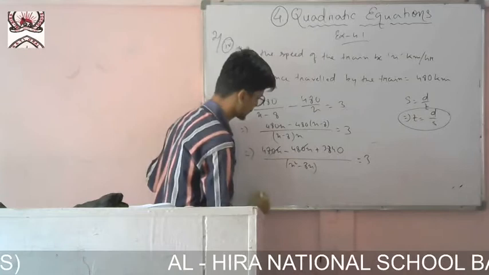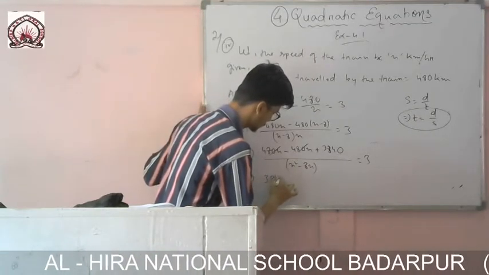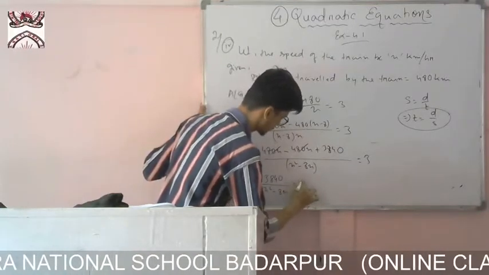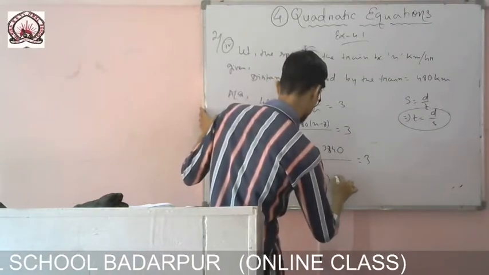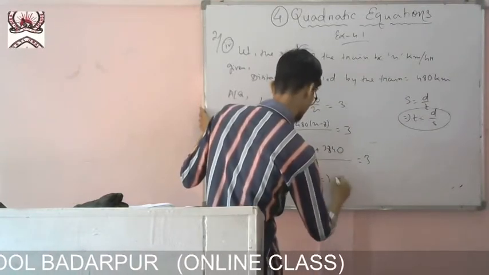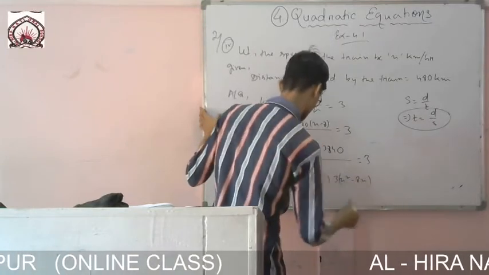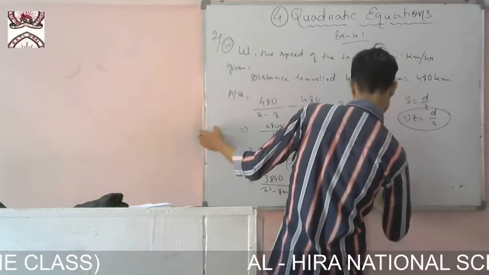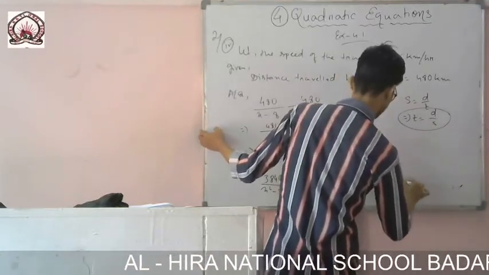So they are left: 3840 by x square minus 8x equals 3. So it will be like this, if I multiply it, 3 into x square minus 8x equals 3 into that one, sorry, into 3840.